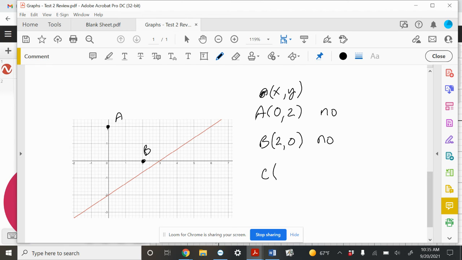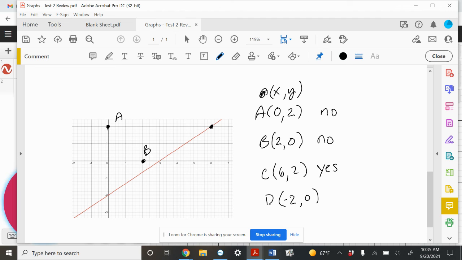C, we'll check to see if, in this case, 6, 2 is on the line. So that means I go over 6 on the x, 1, 2, 3, 4, 5, 6, and y goes up 2, 1, 2. So that would be yes. And then we try point D. So we will say negative 2, 0.